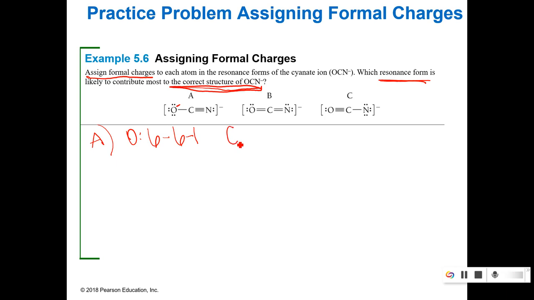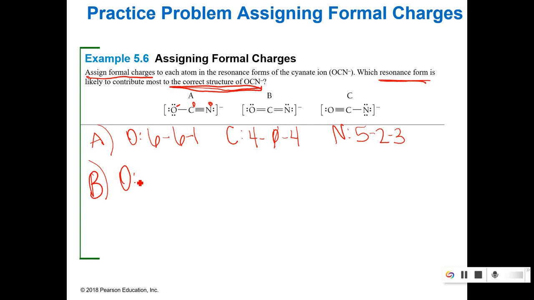So that one's a negative. C is 4 minus no dots minus 4. So that's 0. N is 5 minus 2 minus 3. So that's 0. Okay, and all of that does add up to negative 1.